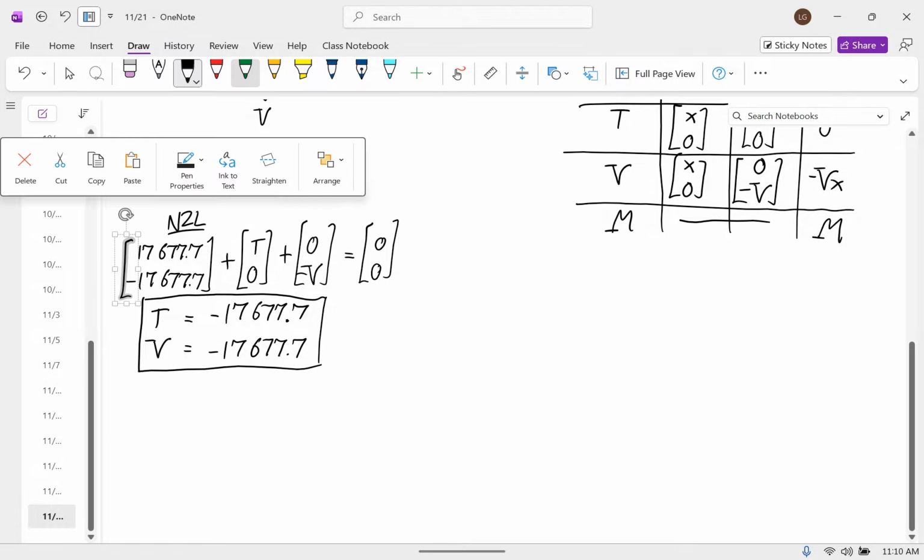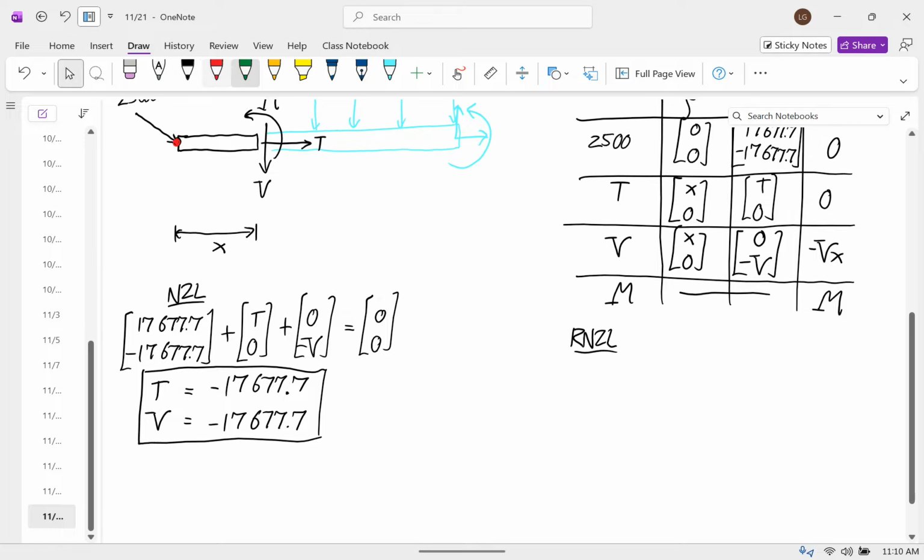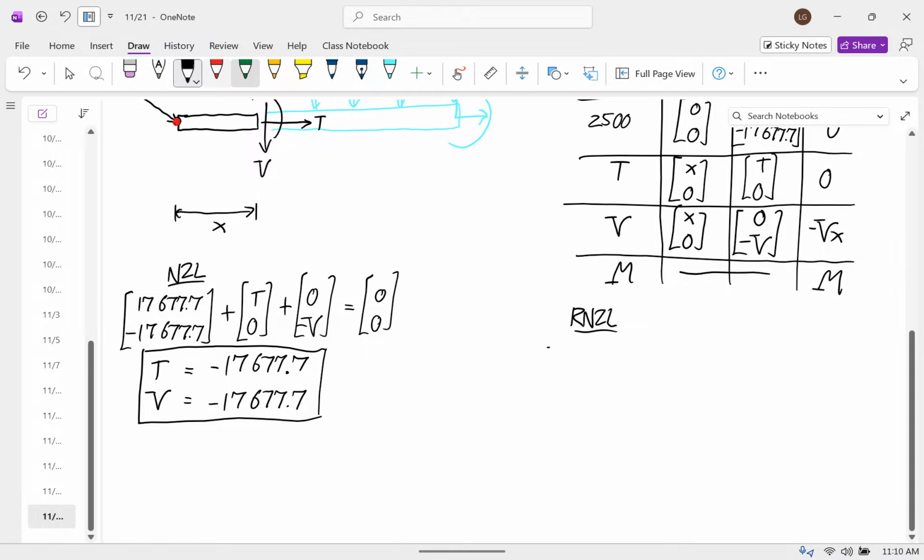And then the moment equation says negative Vx plus M is equal to 0. So M is equal to positive Vx.